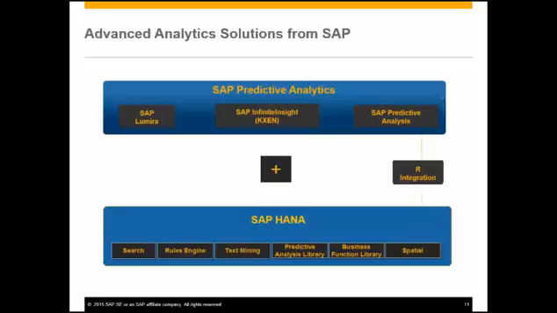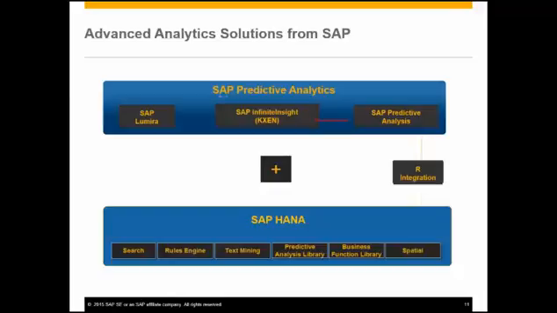So similarly, again, these two are now combined into predictive analytics. And also SAP Lumira is a separate product, but is also built into predictive analytics, as you will see later on.